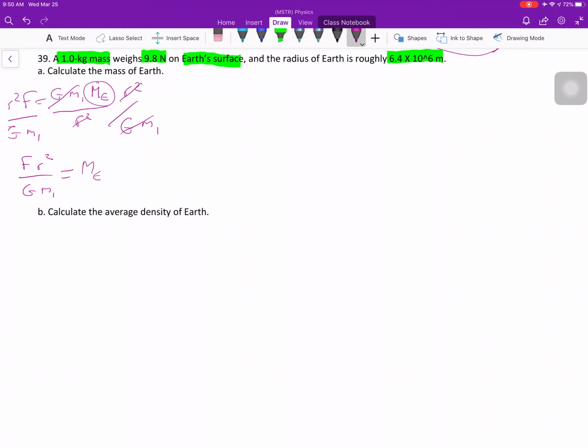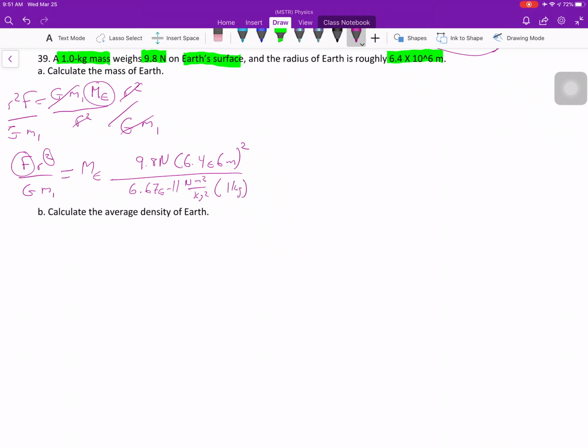So when we sub that in, we know that the weight of the object, or the force, is 9.8 newtons. The radius was given in the problem, 6.4 times 10 to the 6th meters, and remember, that's squared, all over the gravitational constant, 6.67 times 10 to the negative 11 newton meters squared per kilograms squared, times the mass of the other object, which is 1 kilogram.